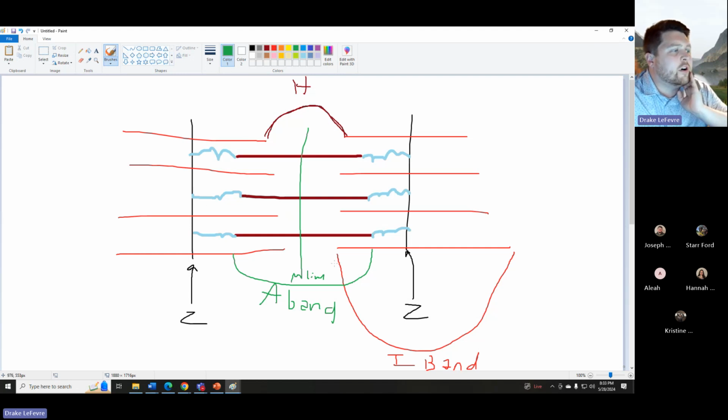So if you talk about functional unit, it's the sarcomere. What is a motor unit? It's the neuron and all the muscle fibers. Yeah, an alpha motor neuron and all of the muscle fibers that it innervates.